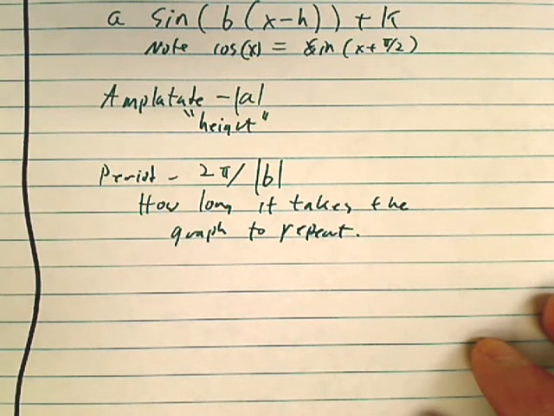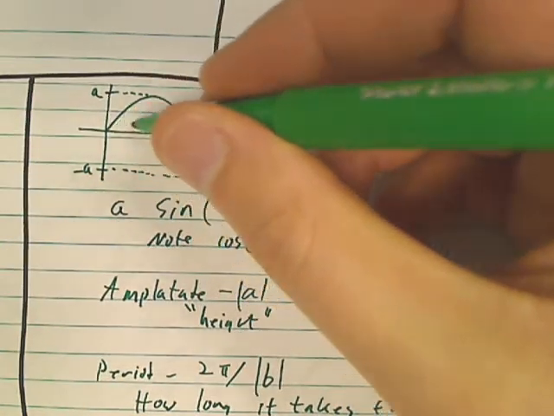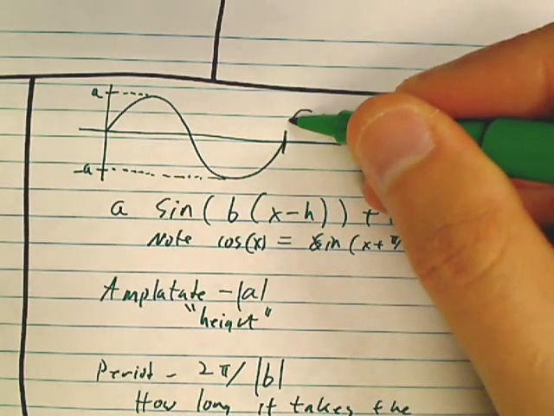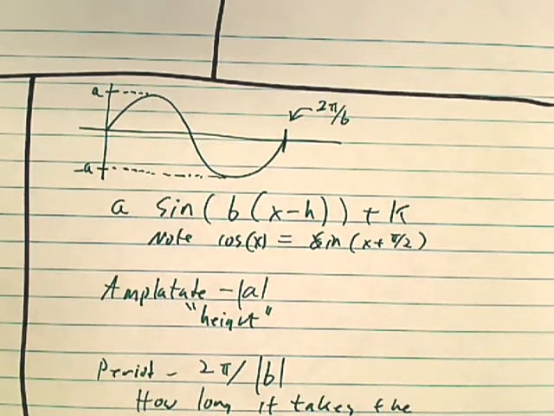The graph goes this far, and then it starts to repeat itself right here. That value right there is 2 pi over B.